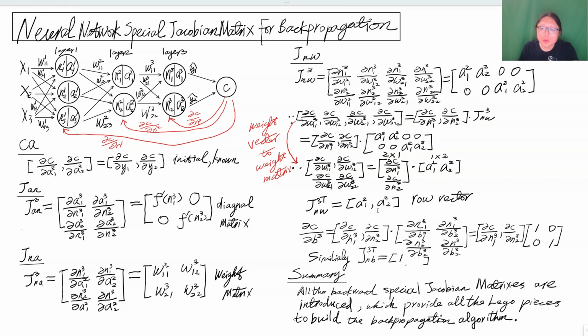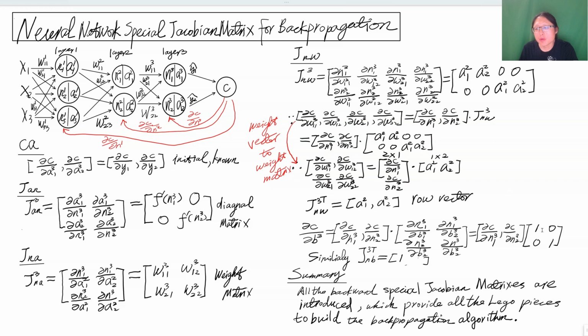We can do a similar thing for the bias, because the bias and the weight are pretty much the same thing. I didn't draw the bias here, but each neuron has a bias. The only difference is that instead of the output of the second neuron, for the bias it becomes 1, because the forward calculation is W times A plus B. That means B's coefficient is actually 1.